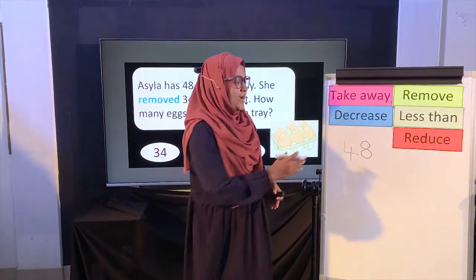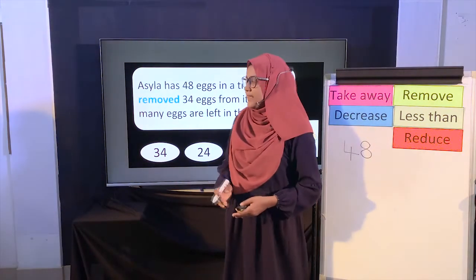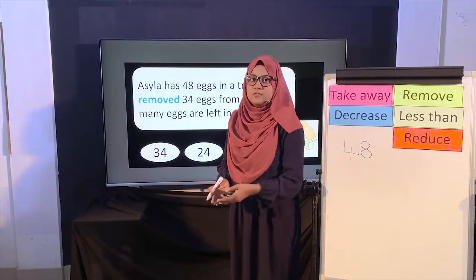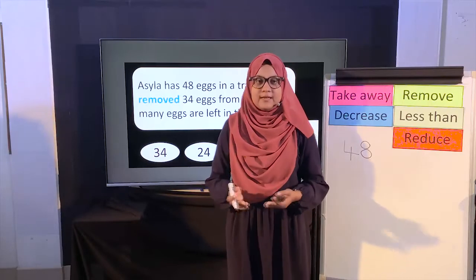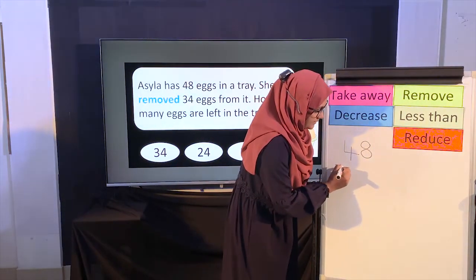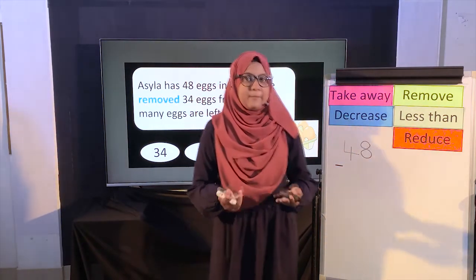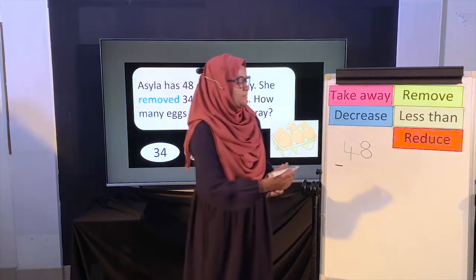And always we have to write the total number first. Then how many eggs were removed? 34 eggs. So we have to write a subtraction sign because we know this is a subtraction problem.